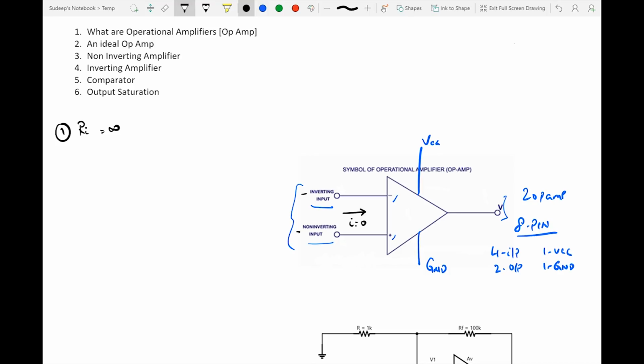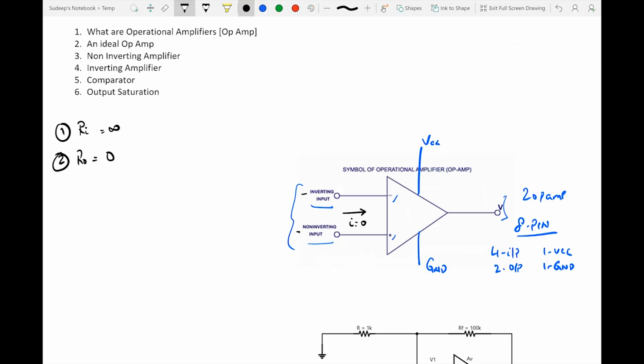With such high resistances, the current cannot flow. The second characteristic is that RO, the output resistance, is zero, which means that when the amplified signal is fed to any other electronic circuitry, the resistance at the output terminal would be zero, and the entire current from the output would go to the driven circuit.